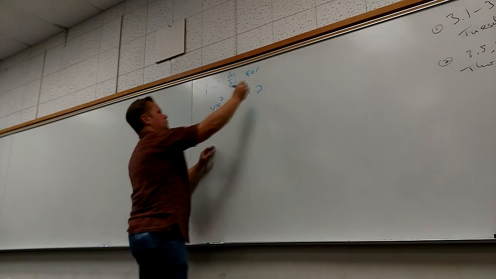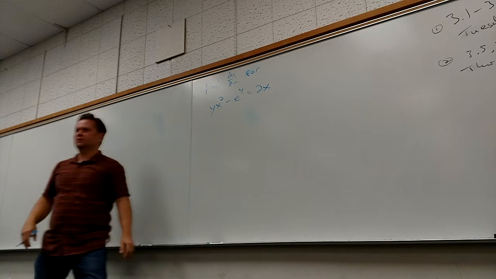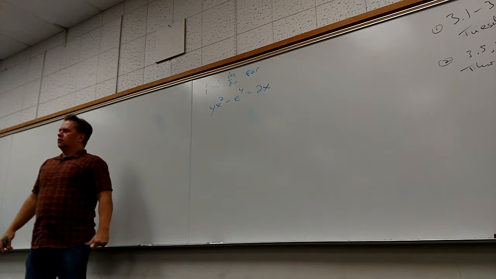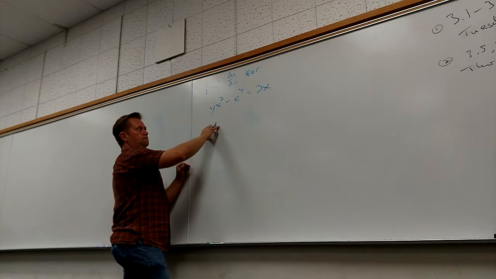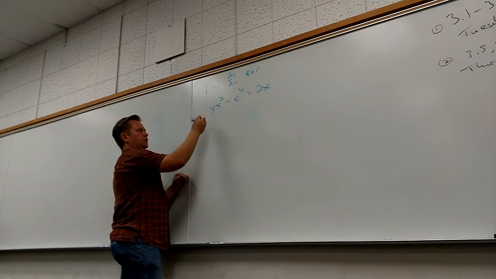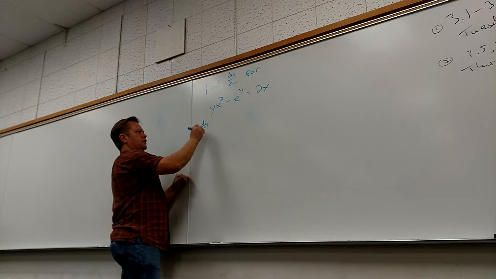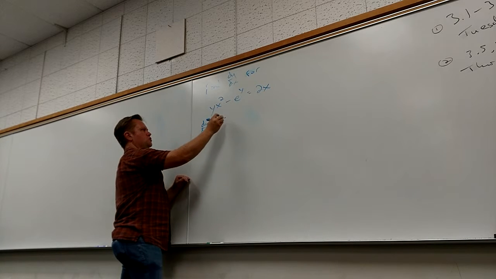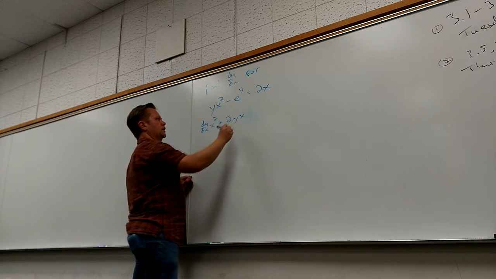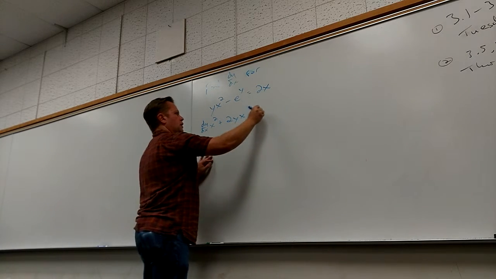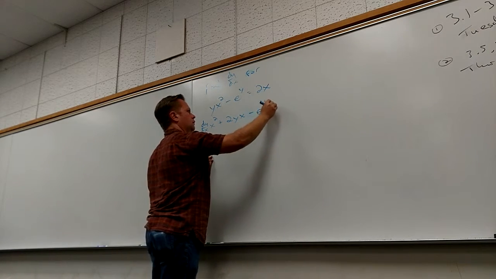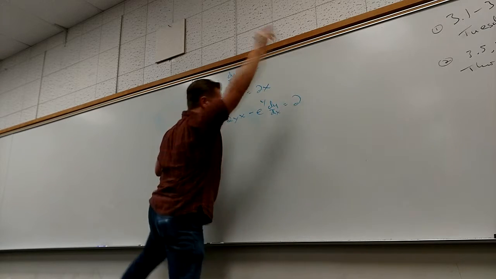Let's make it 2x. Just think ahead. So just do this together. This is going to be a product rule. So derivative of the first guy, leave the second guy alone, plus derivative of the second guy, leave the first guy alone. We did this guy just a minute ago. And this guy is just 2.